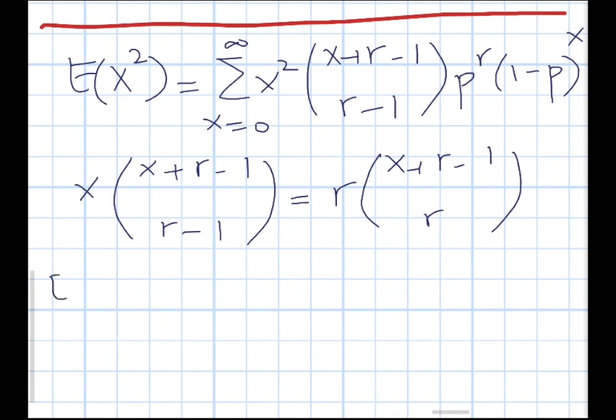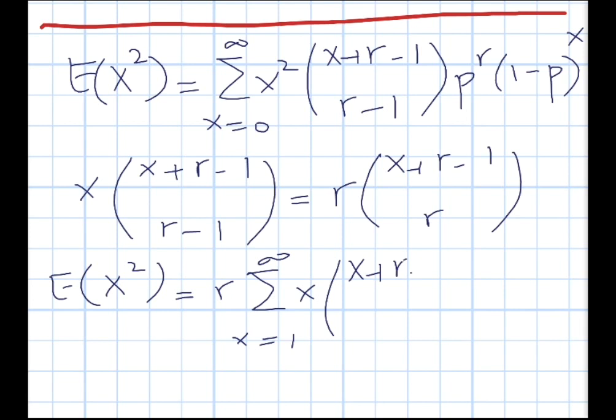So our second moment will be equal to r times the sum from x equals 1 to infinity of x times (x plus r minus 1 choose r) p to the r (1 minus p) to the x.